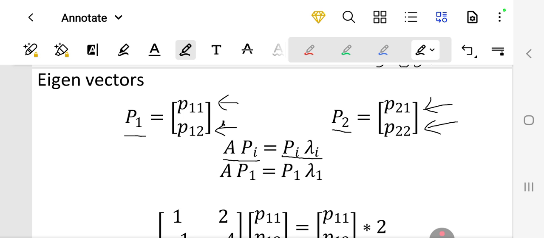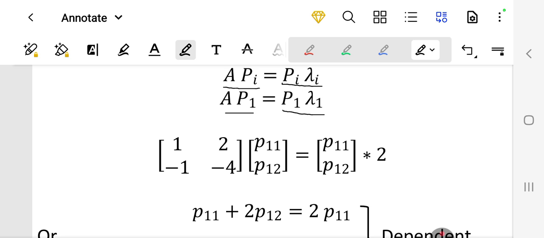For the first eigenvector, A P1 equals P1 times lambda 1: the A matrix 1, 2, negative 1, negative 4 times P1, which is P11, P12, equals P11, P12 times lambda 1, which is 0.5616.